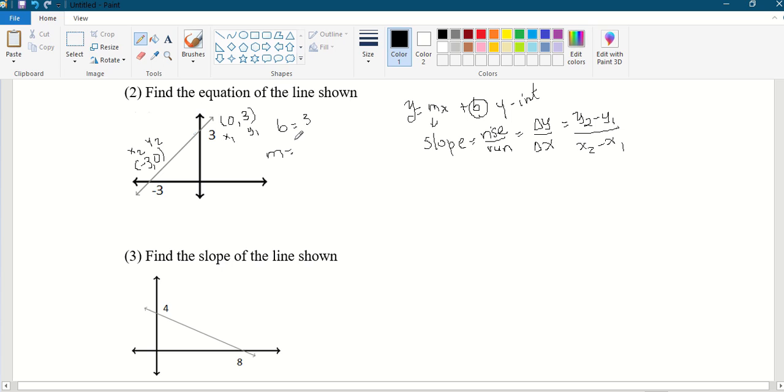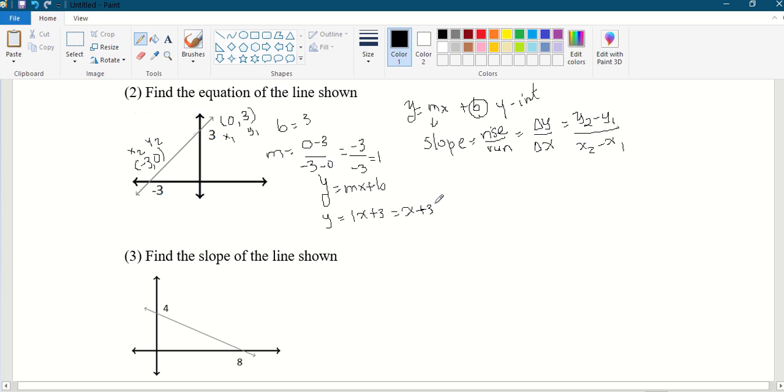The slope formula tells us it's y2 minus y1, so 0 minus 3, divided by negative 3 minus 0, x2 minus x1. So the numerator simplifies to negative 3, the denominator simplifies to negative 3. So slope is 1. So our answer will be y equals mx plus b, giving us y equals 1x plus 3, or x plus 3.